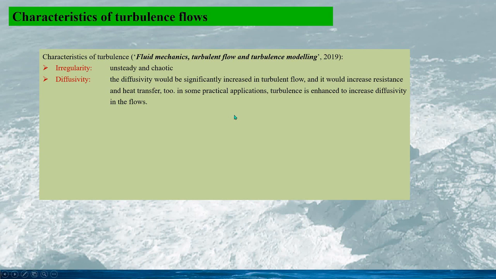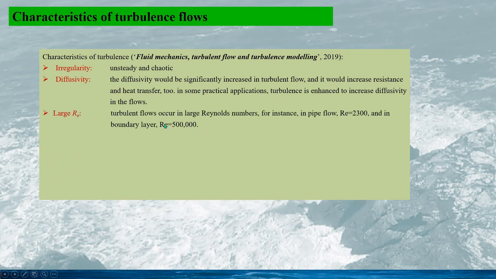Diffusivity would be significantly increased in turbulent flow, and this would increase the resistance and heat transfer too. Hence, in some practical applications, turbulence is enhanced to increase the diffusivity in the flow. Turbulent flow always happens at large Reynolds numbers. For instance, in pipe flow, it is 2,300, and in boundary layer flow, it is 500,000.